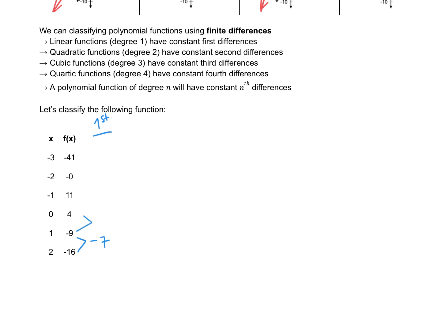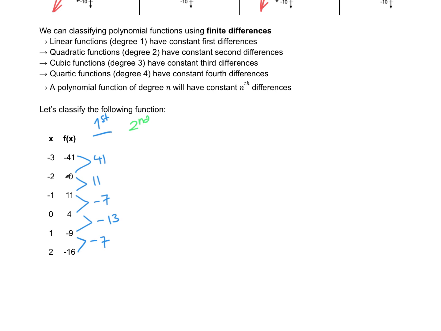Negative 9 subtract 4, negative 13. 4 minus 11, negative 7. 11 minus 0 is 11, and 0 minus negative 41 is 41. I'm not sure why I put a negative in front of the 0. That's just a typo there. My apologies. Okay, these are obviously not the same values, so it's not linear.